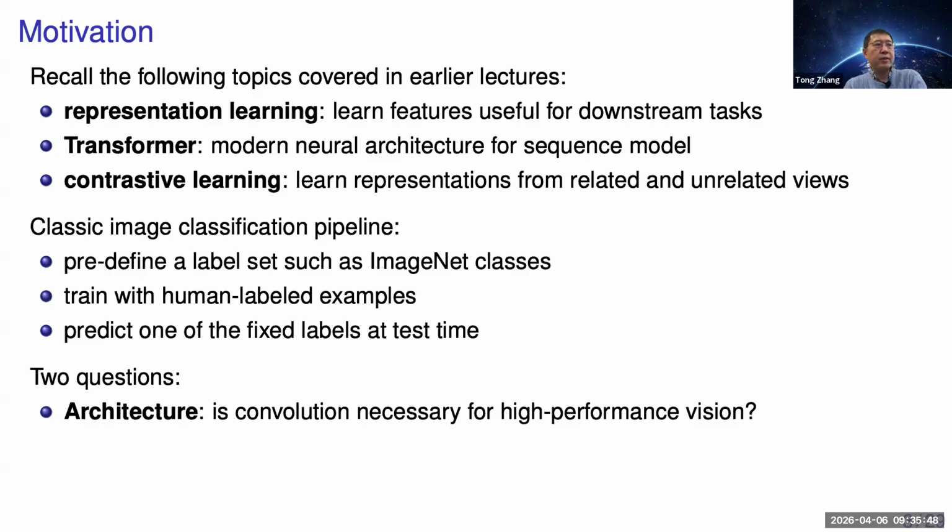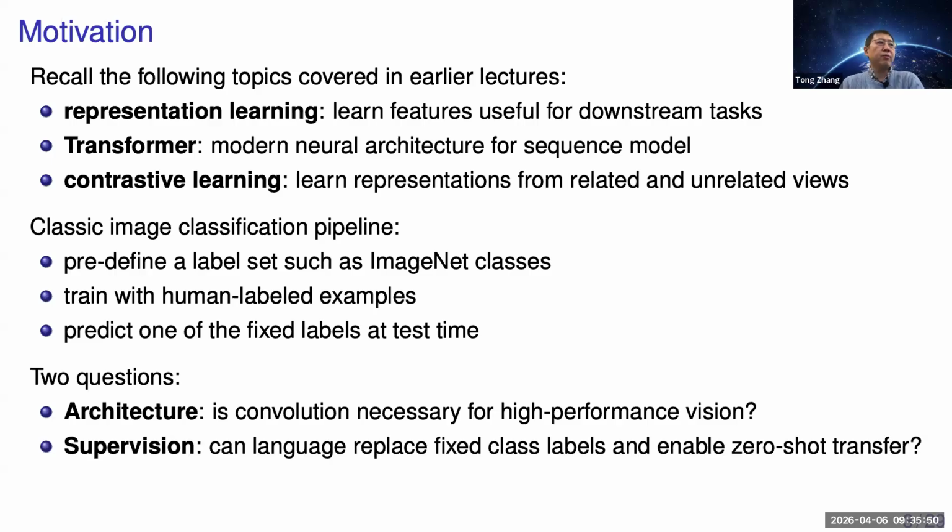Then the question is whether it can do images. This is what one of the papers addresses. The other issue is supervision: can we replace the fixed class label and enable zero-shot transfer, meaning I can do arbitrary classification once I do this. That is the answer given by CLIP.